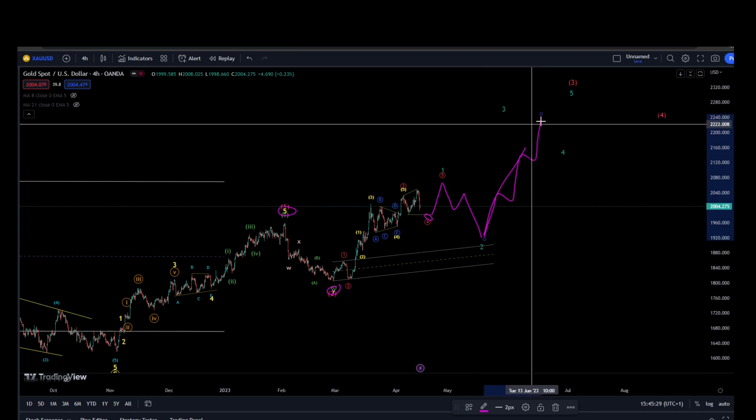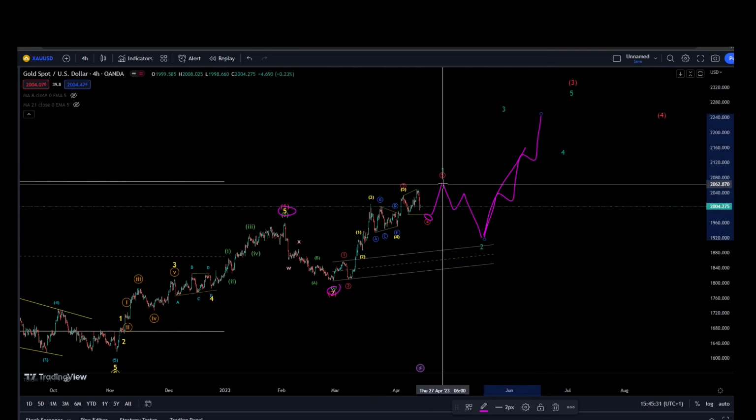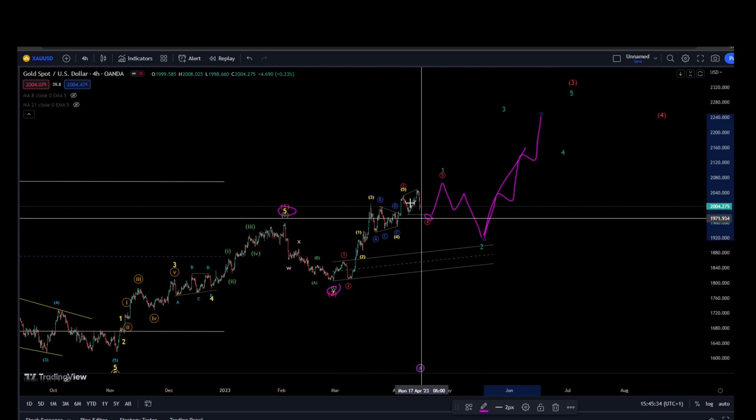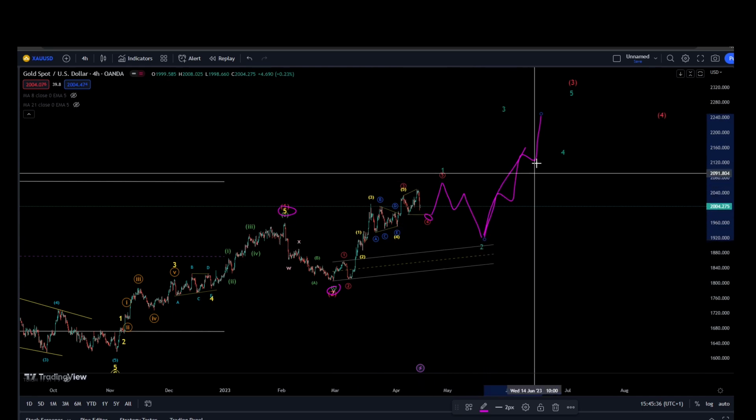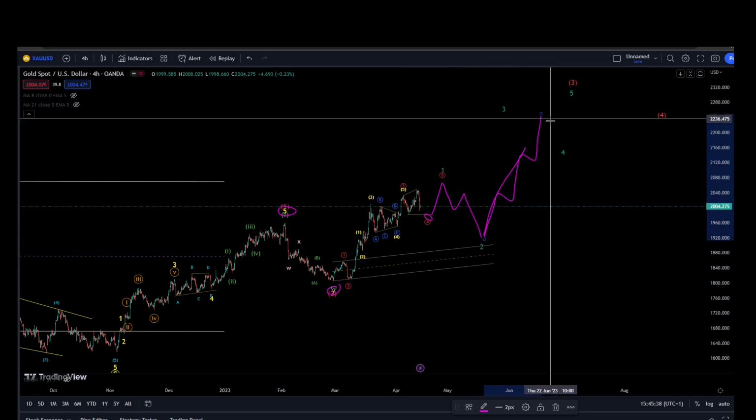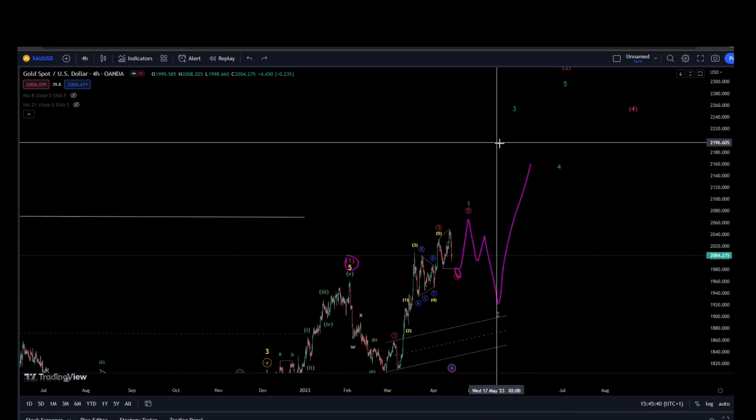So we have a 1, 2, 3, 4, 5 here, an ABC here, and then another 1, 2, 3, 4, 5 into a wave 3 of 3. It is a bit confusing.